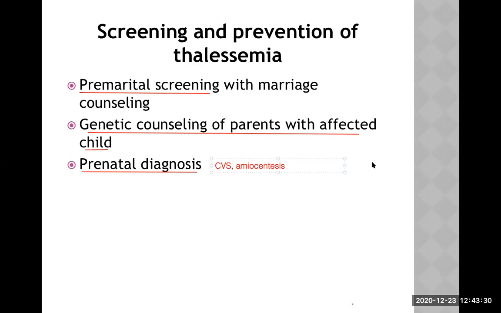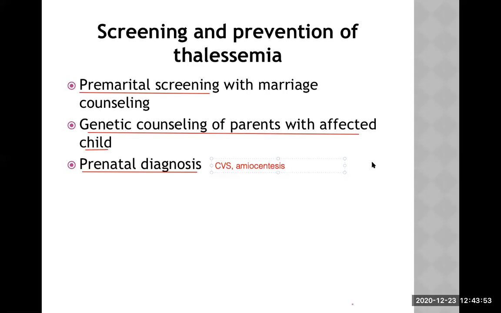There is some type of symptomatic and supportive treatment. For example, if the child is anemic, we have to give RBC transfusion or packed cell transfusion. We all know that. Then another is iron overload condition is treated by iron chelating therapy like desferrioxamine or deferiprone.